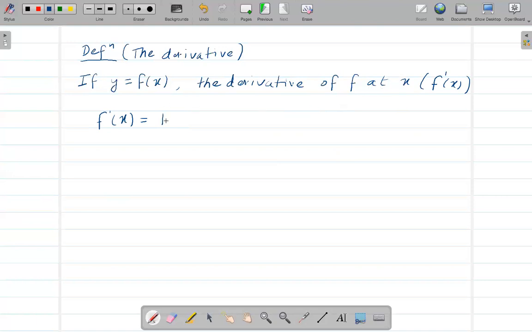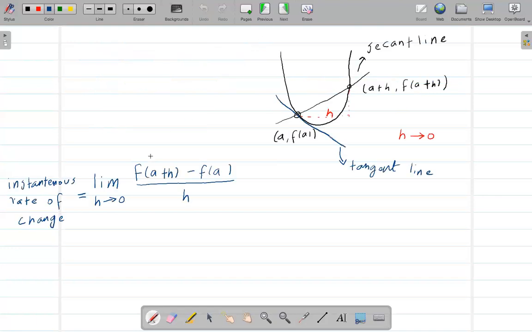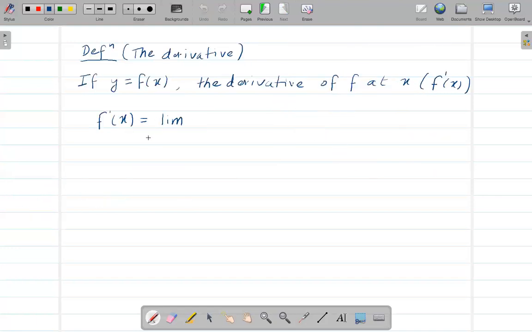So here we will get the same thing that we got here for this one, all right? The limit where h goes to 0 of f of a plus h minus f of a over h. All right, so this is how we define the derivative.